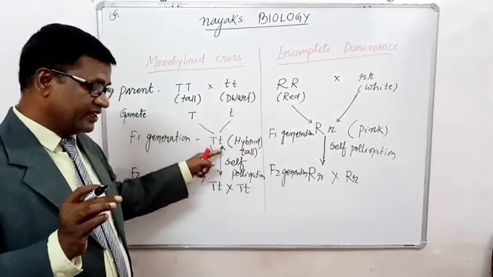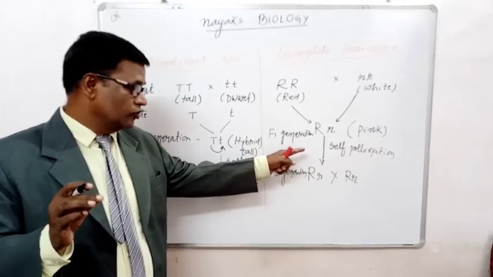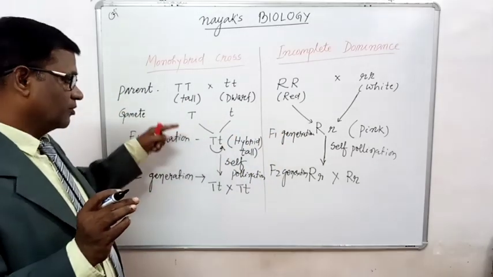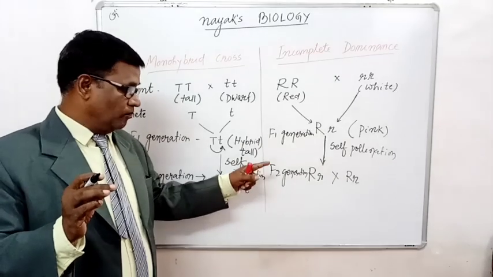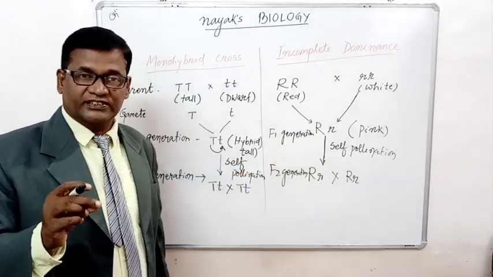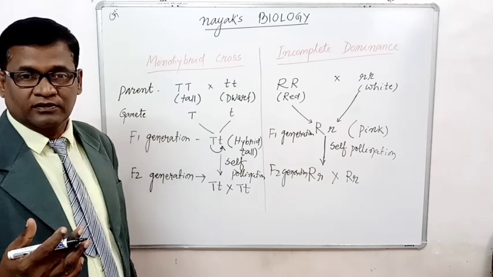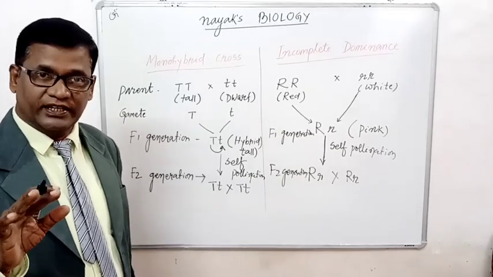Tall is dominant in the F1 generation, and red is unable to dominate its character. That's why it is called incomplete dominance, and it is a monohybrid cross. In the F2 generation, we did self-pollination. Let's see what will happen. Are you clear?